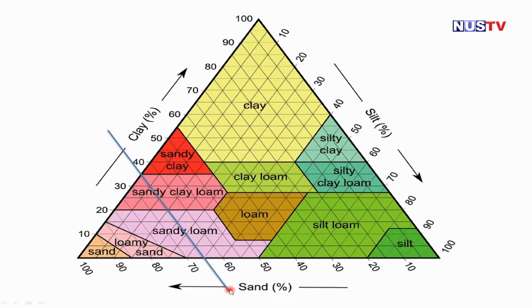Remember the direction of the line. Sand comes from left to right upwards, like this. And for the silt, this is the side of the silt. 25% is here, and the line starts from here downwards.